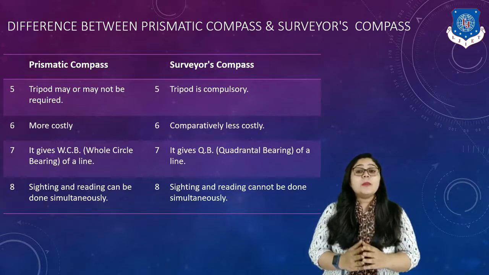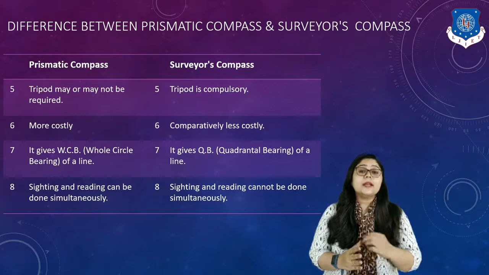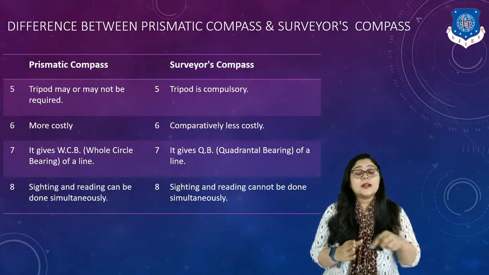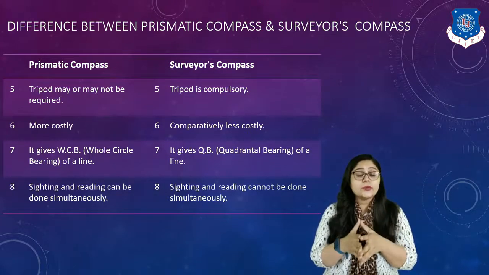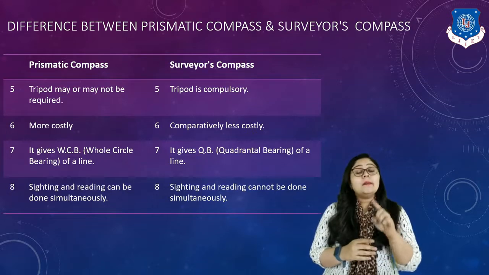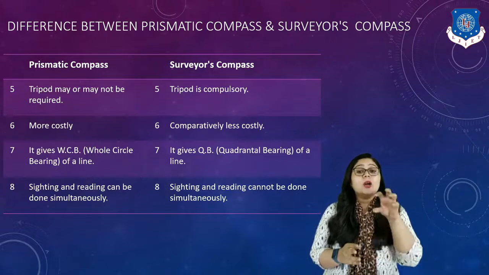But if I talk about the system, it means in which method we are getting the readings. As I said, we are getting readings in the range of 0 to 360 degree. It means a whole circle is provided. It means it gives reading in WCB system, right? While I am talking about 0 to 90 degree for surveyor's compass, it means a quadrant.